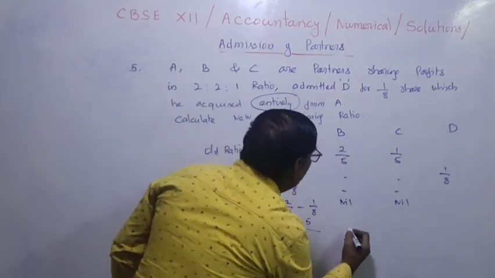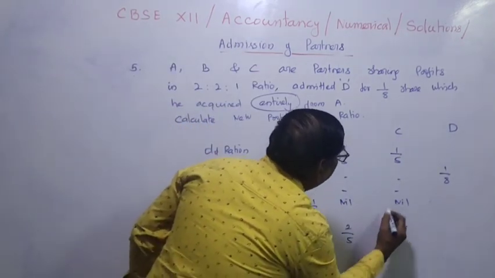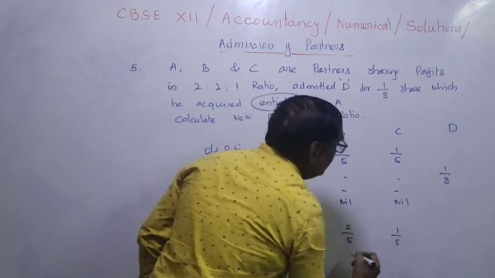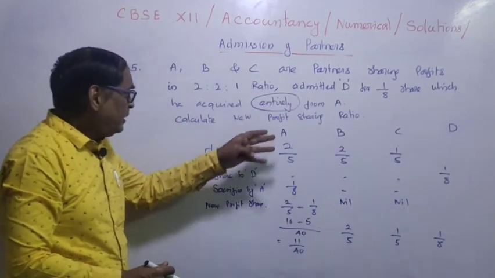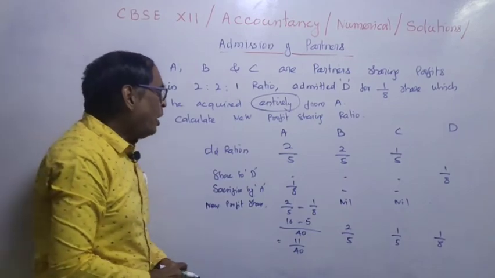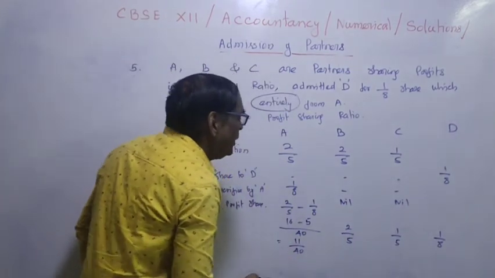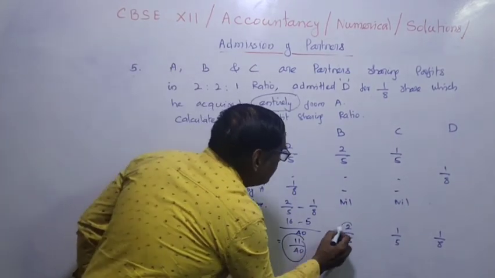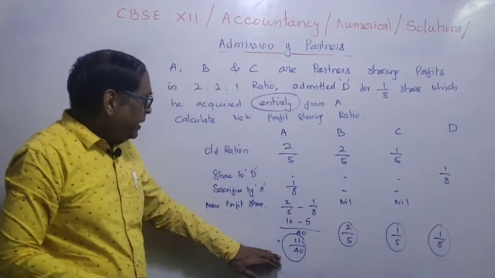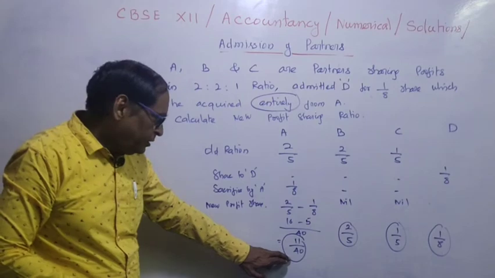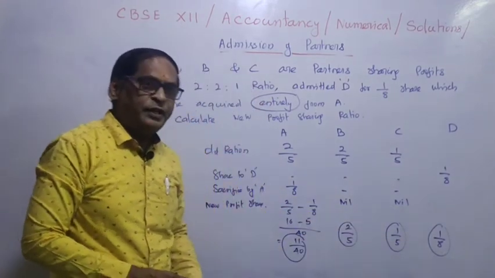Here the same ratio 2 by 5. Here the same ratio 1 by 5. Here 1/8 share, because it is given by A. So this is for A, this is for B, C and D. The base is 40, so we have to make it all 40.